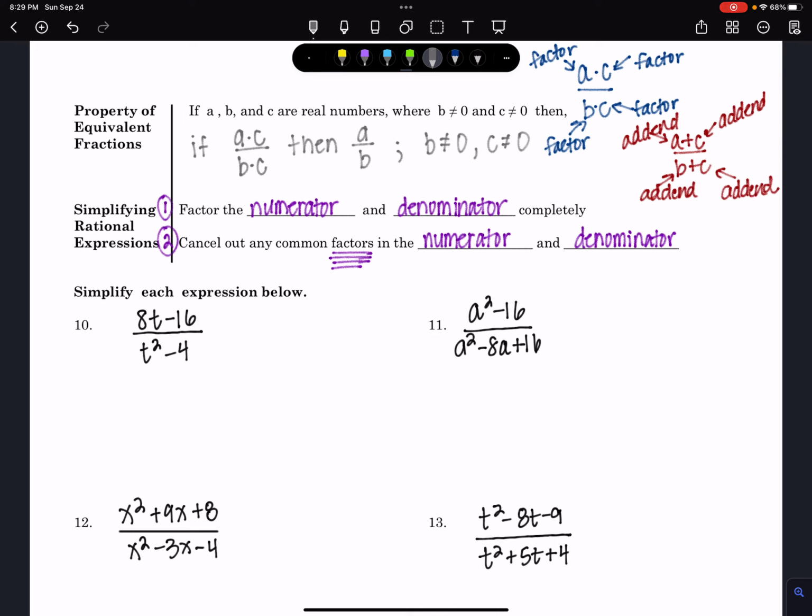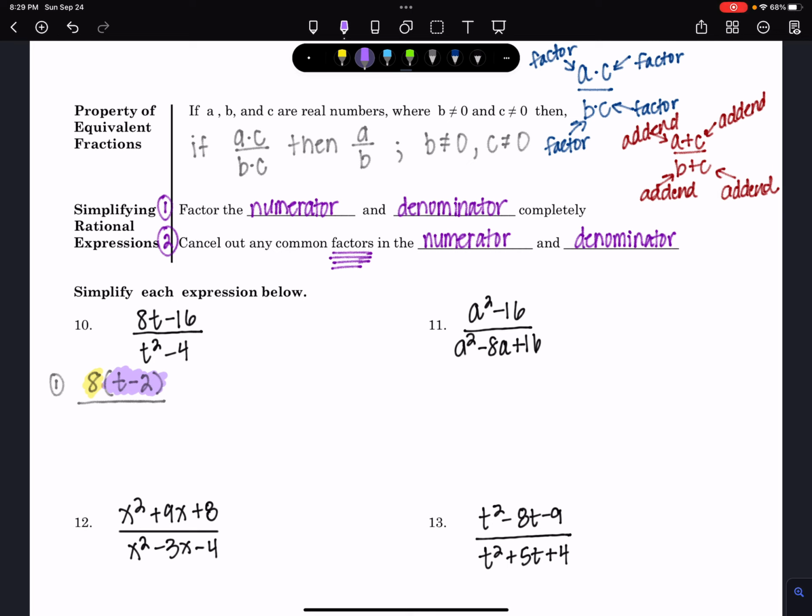Number 10 says 8t minus 16 over t squared minus 4. First step is to factor the numerator and the denominator. 8t minus 16, we can factor an 8 out, leaving us t minus 2 in parentheses. Now I have two factors there: 8 and t minus 2.